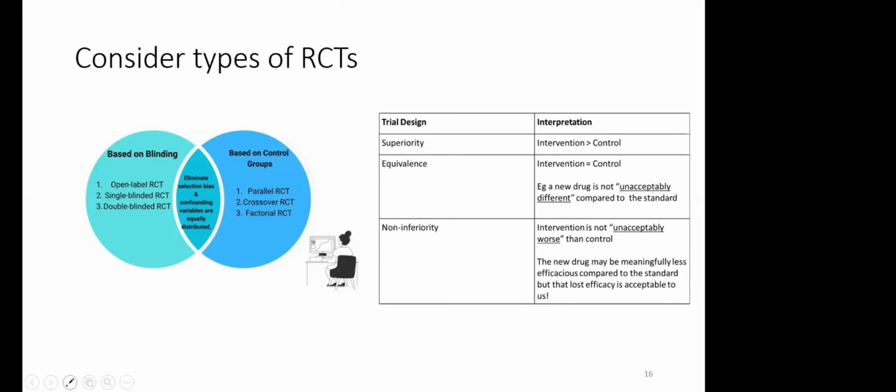They show that a new treatment is not worse than the standard by more than a pre-specified margin. This is useful when the new treatment may have other benefits, for example, fewer side effects or lower costs, but is just as efficacious as the current treatment being used.